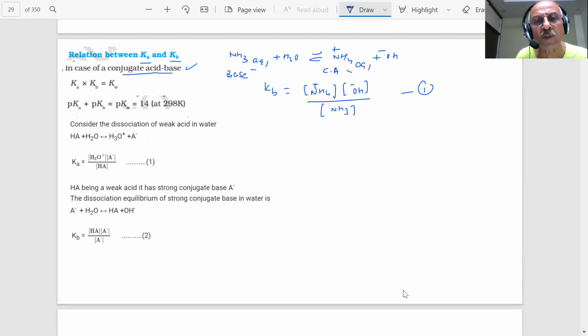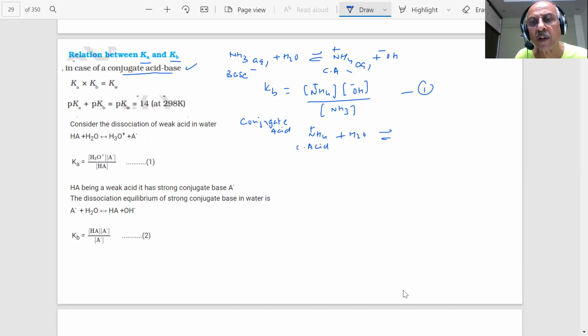If I take the conjugate acid of this, what is the conjugate acid of this? NH4 plus. If I react it with water, student, what will happen? This is an acid, student.